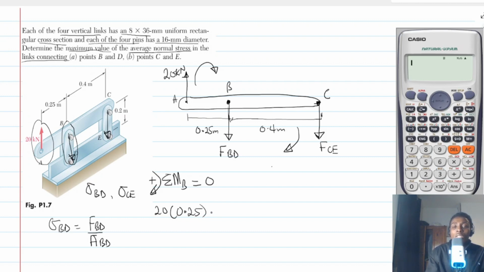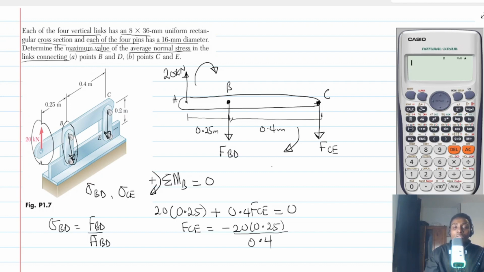So about B is going to be plus 0.4 FCE, which should be 0. Solving for this, you can see that FCE is going to be minus 20 into 0.25, then I divide this by 0.4.